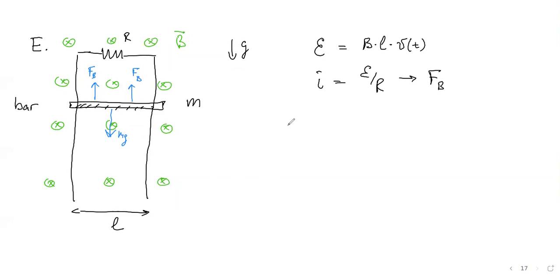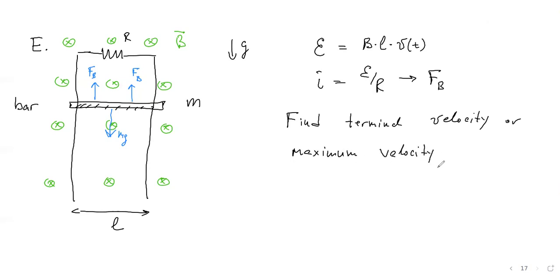The problem could be: find the terminal velocity, or you can say maximum velocity. The bar cannot accelerate to a faster speed than this one.